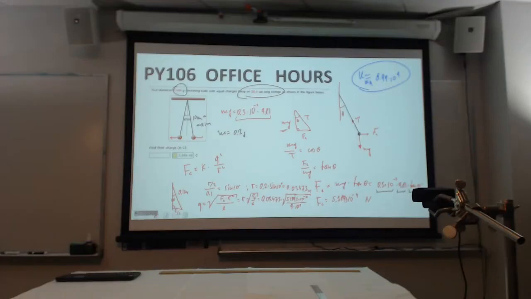How did we get this power? Let's calculate again the Coulomb's force, this one. 0.3 times 9.81 times tangent of 10.